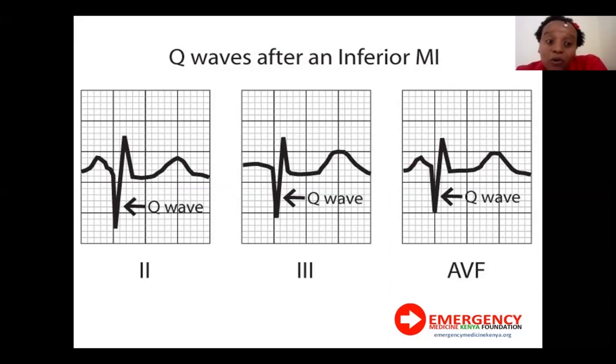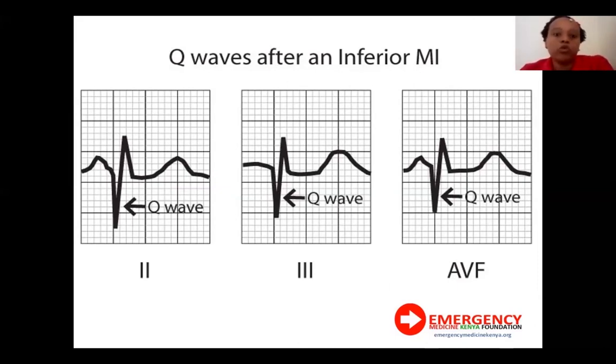Once they suffer a myocardial infarction, as it heals, it forms scar tissue. And as we said, we are able to see it very well in the complex, which is the QRS.